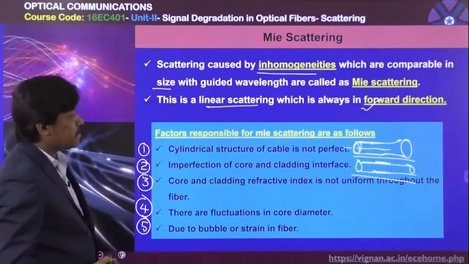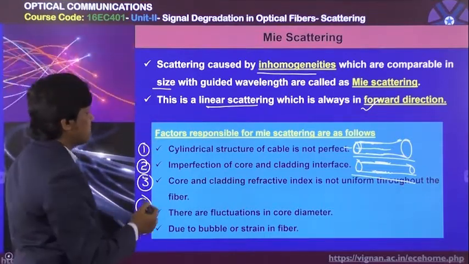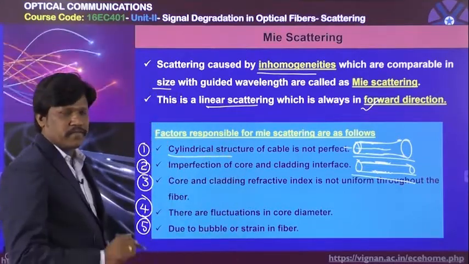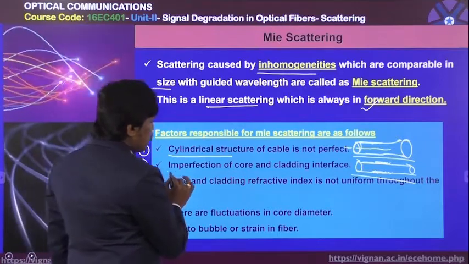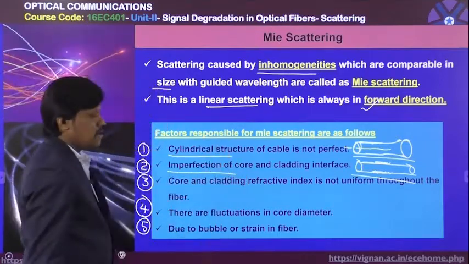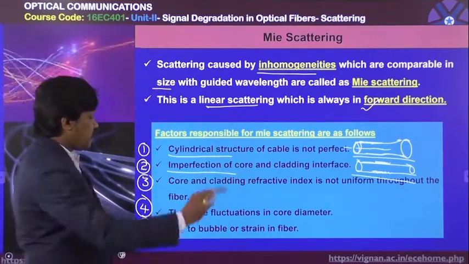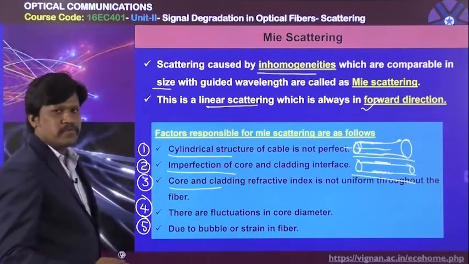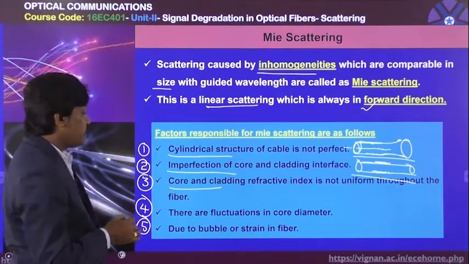Mie scattering can be reduced if the cylindrical structure of the optical fiber cable is perfect, there are no imperfections in the core and cladding interface, and the refractive index is uniform throughout the optical fiber cable.